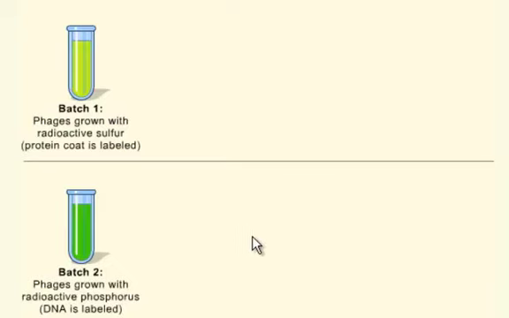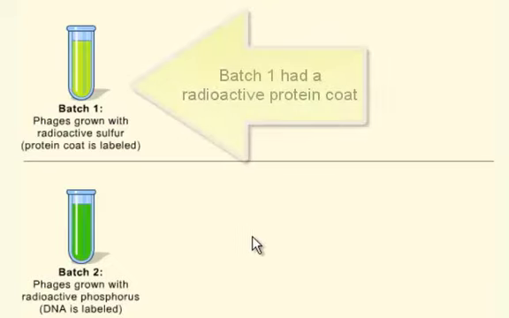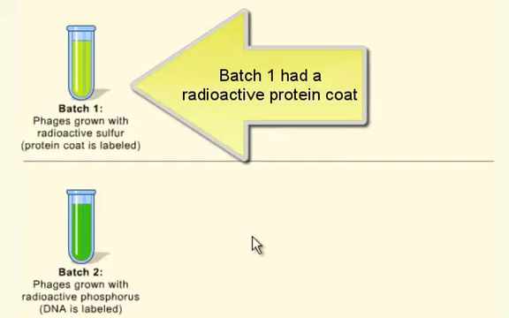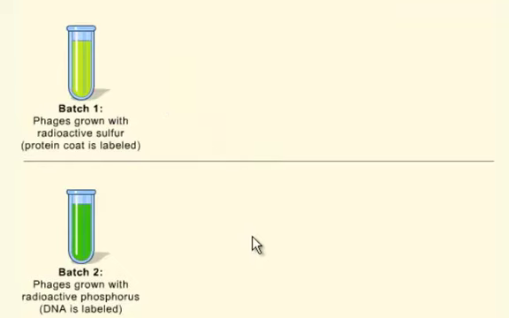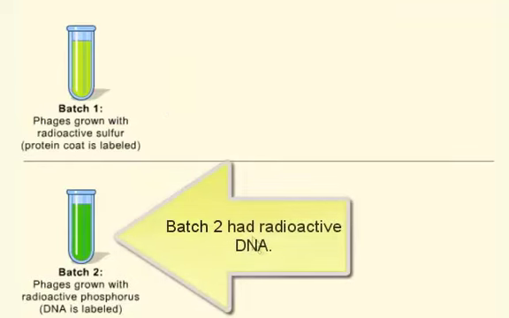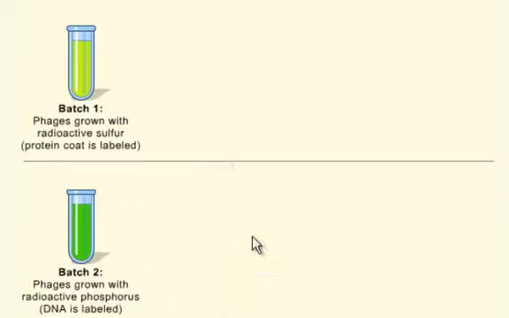The first batch, which is this one right here, they treated the protein with a radioactive isotope. And in the second batch, they treated the DNA with a radioactive isotope. So the idea is, see which one of these gets injected into the bacteria, and then we'll know which one is the genetic material.